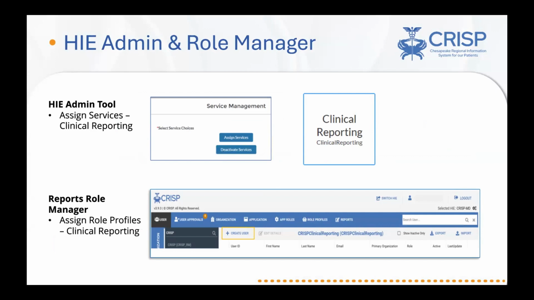Within the HIE admin tool, the HIE admin will assign the services, and the service tile is clinical reporting. The reports role manager POC will then go into reports role manager, and either create a new user account or assign the existing reports to an existing user.